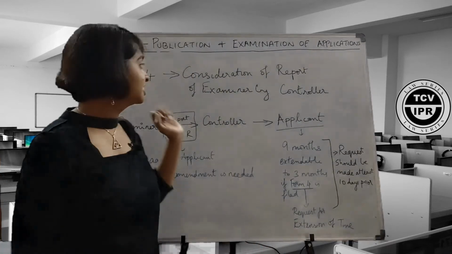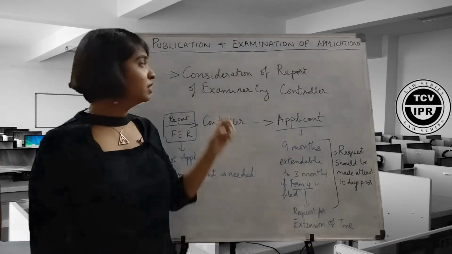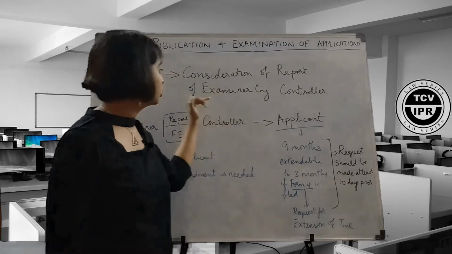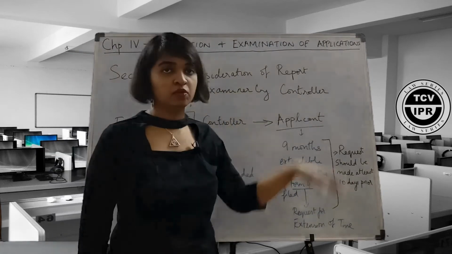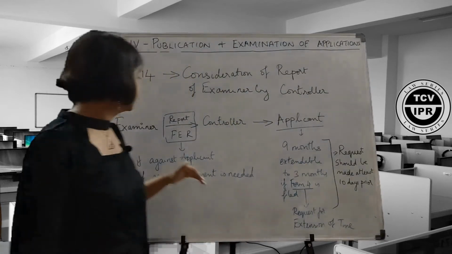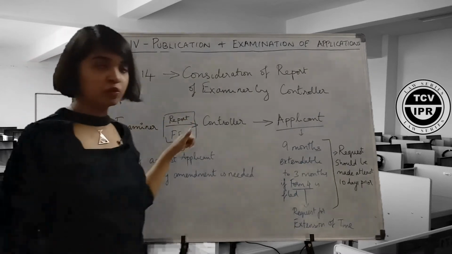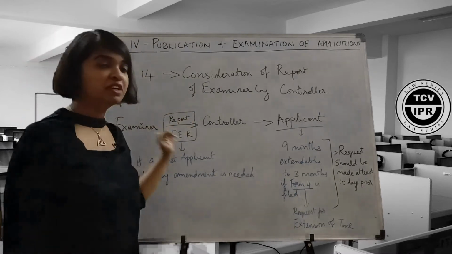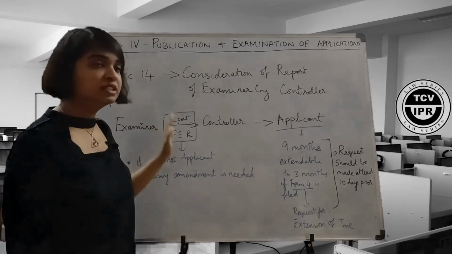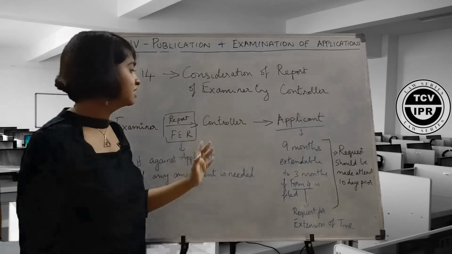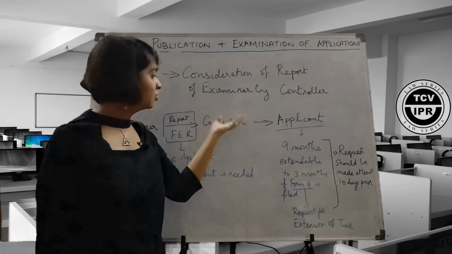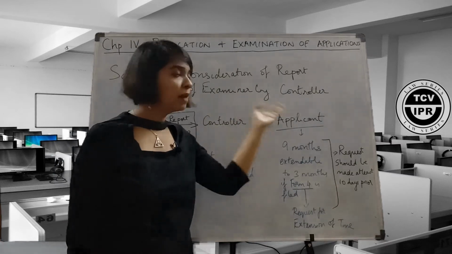Now section 14 talks about consideration of the report of the examiner by the controller. Once the examiner prepares his report, this report is called the first examination report. Once he prepares it, he will send it to the controller, and the controller in turn will send it to the applicant.